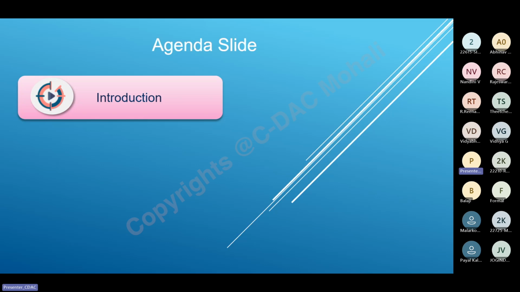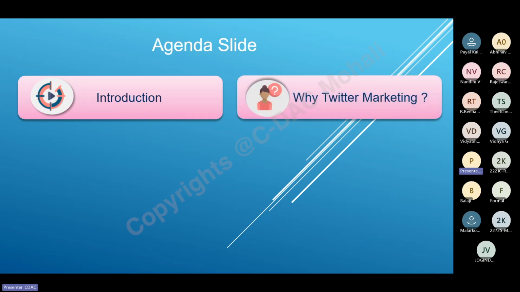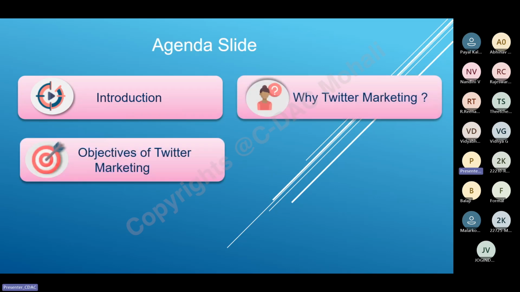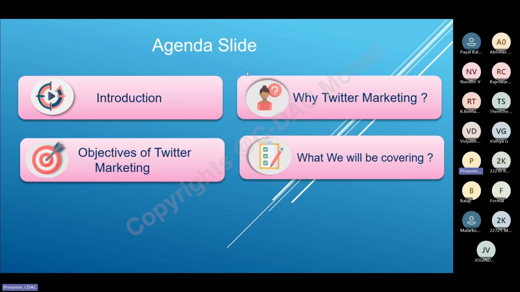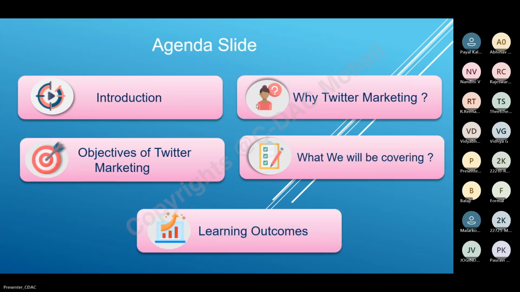In the introduction, what is Twitter and why we should use Twitter, and why Twitter marketing is important, and objectives of Twitter marketing, and what will be the output, or we can say what are the main topics that we are going to cover. And then the last point will be the learning outcome.